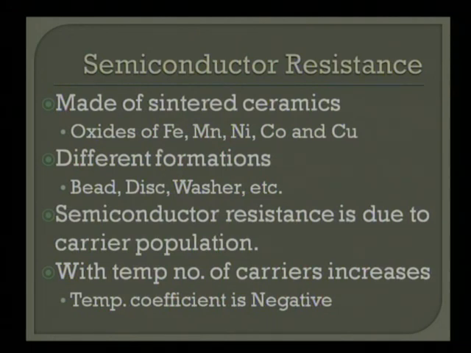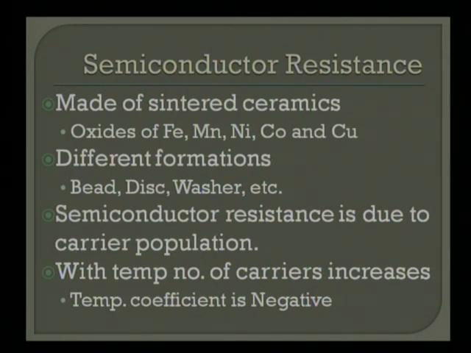Different formations of this device are very easily available. Why are they preferred more in this industry? Because they can be formed either as bead, disc or washer, or wherever you want to place it. According to the placement requirement, you can select its shape. So they are available in a large number of shapes.